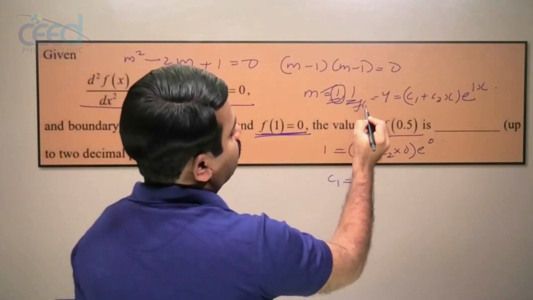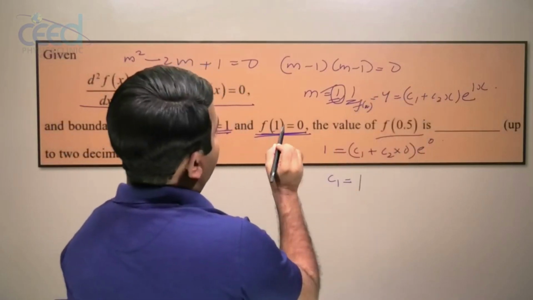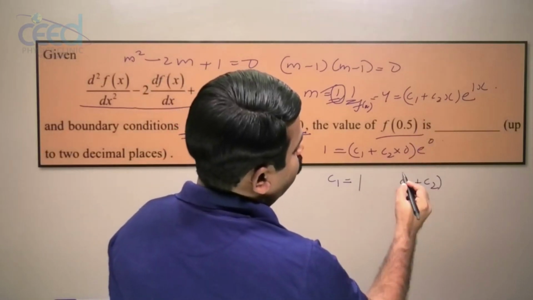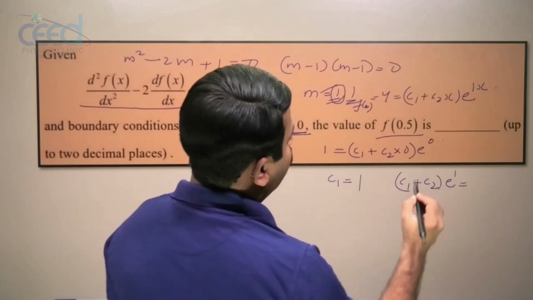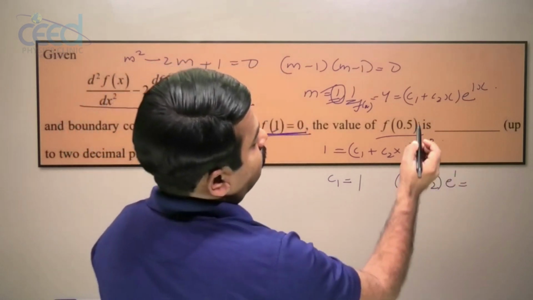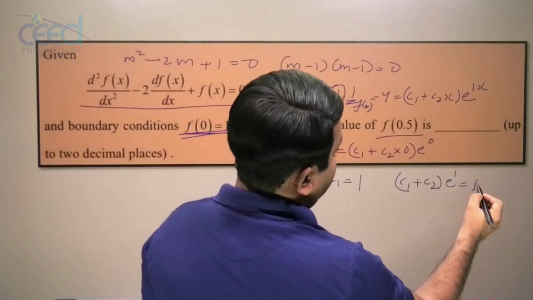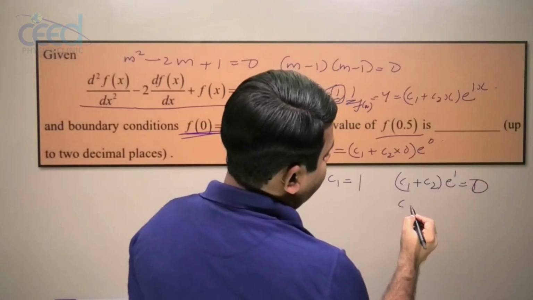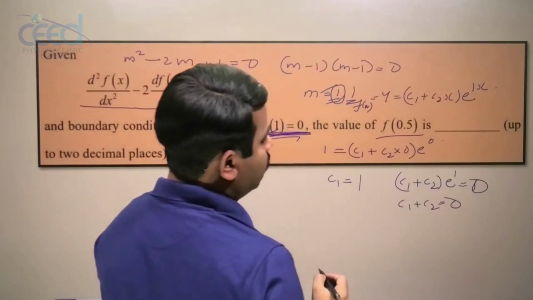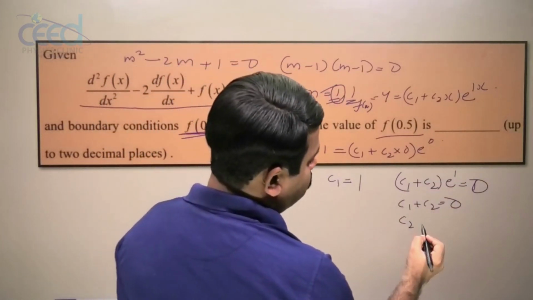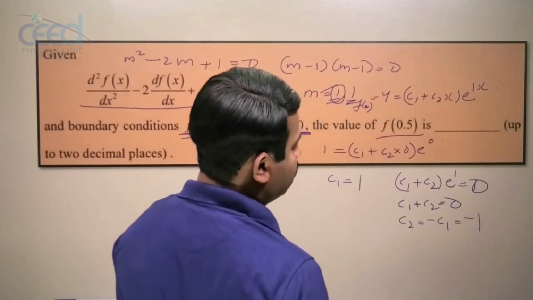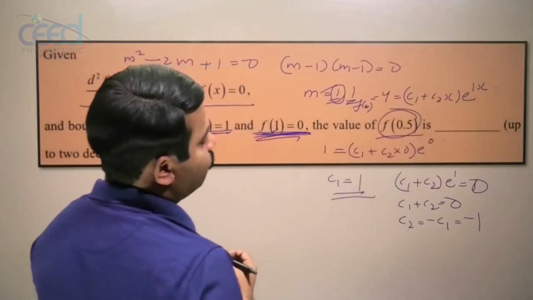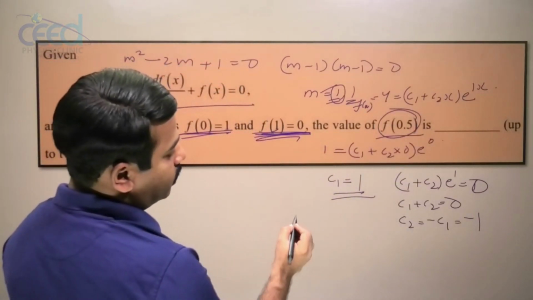Now you put 1, then (c1 + c2 × 1) e^1 equals our f(1). f(1) is given as 0, then c1 + c2 = 0. Then c2 = −c1, that is −1, since c1 is already 1.